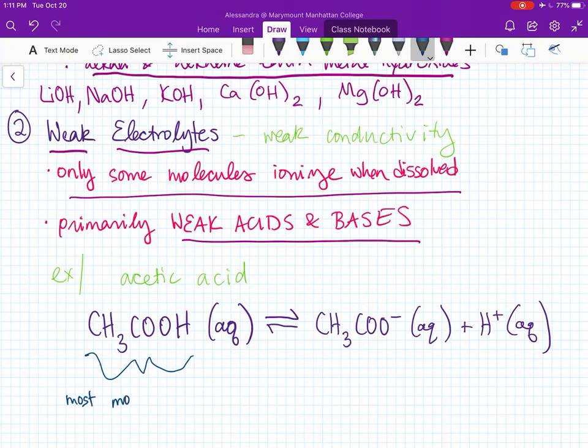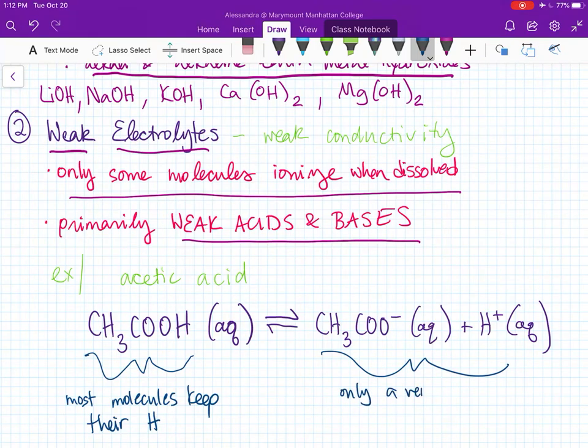CH3COOH. Okay, so most of the acetic acid molecules keep that H. They keep their proton. But only a very small fraction will ionize. However, because you have that small fraction ionizing, you will have some weak conductivity in your solution.